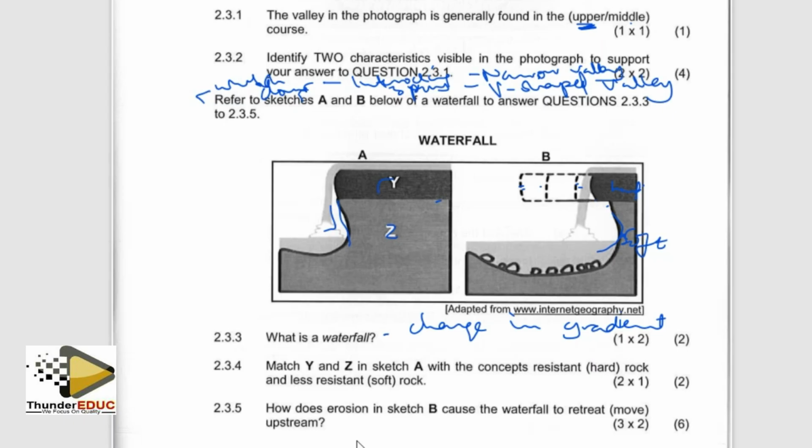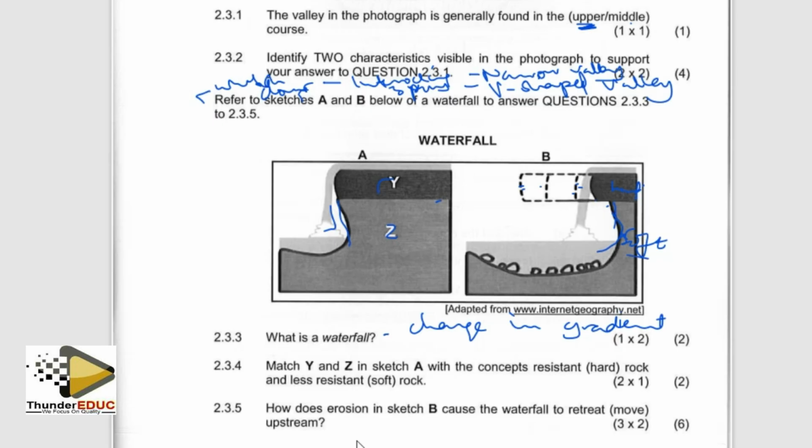So match Y and Z with the figure, and then in sketch A with the concepts related to hard rock and less resistant rock. So we said Y is a hard rock because you can see the speed at which it is declining is not the same. This one is declining faster, so it is softer. This one is declining at less speed, it is hard.